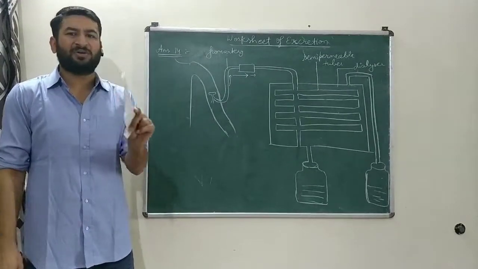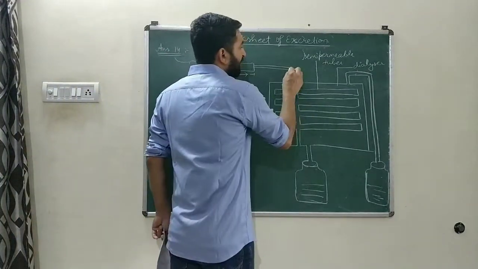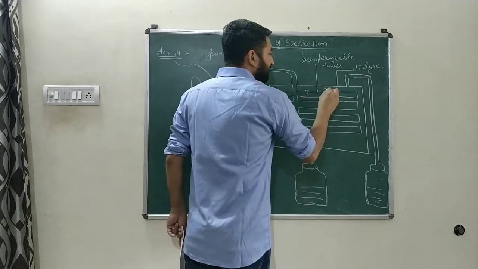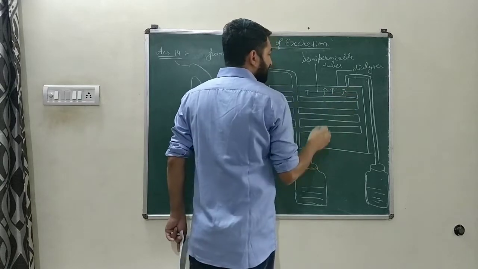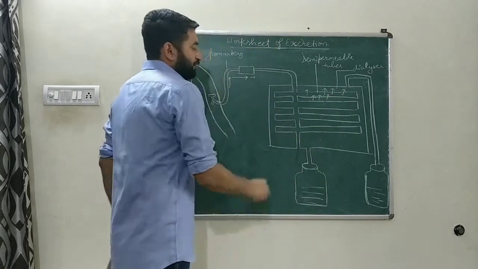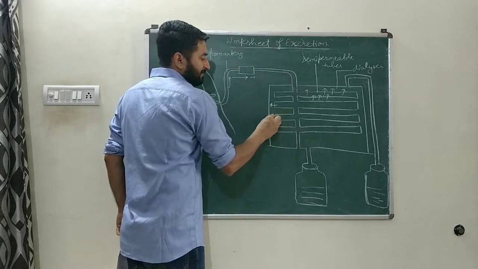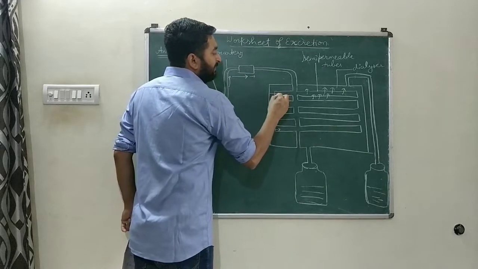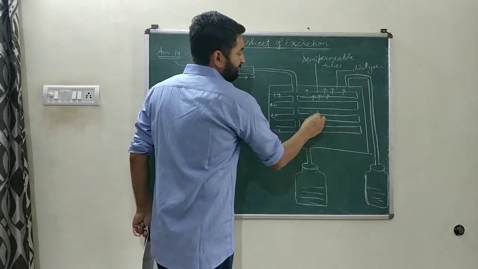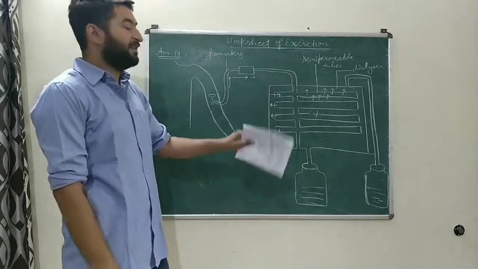Dialyzing solution does not contain urea. So when the blood passes through these tubes, waste material goes out and useful material comes in. The waste product will come out and useful material will go inside these pipes. And that's how the blood is purified.